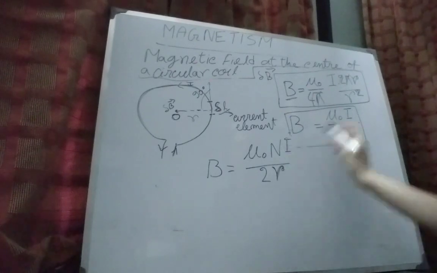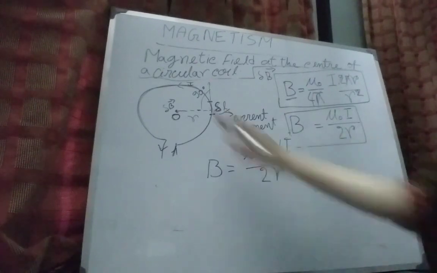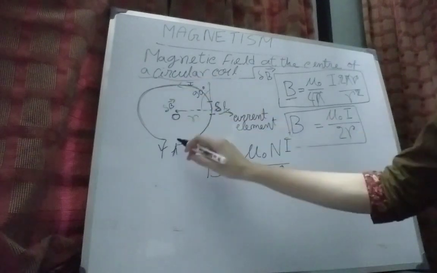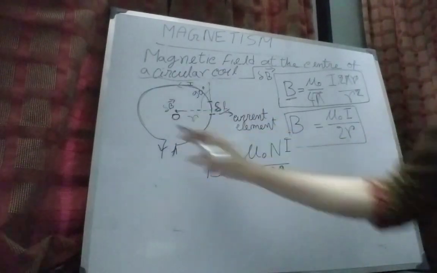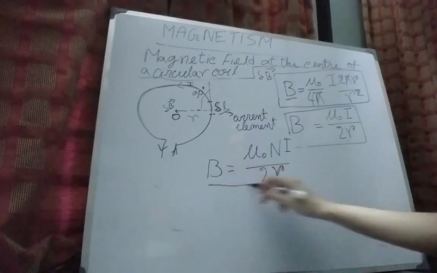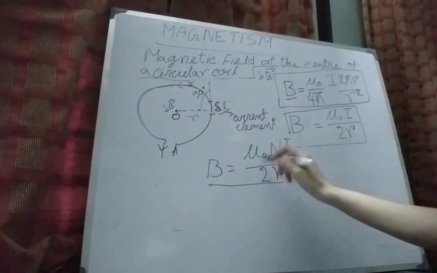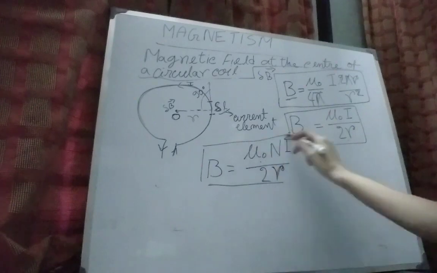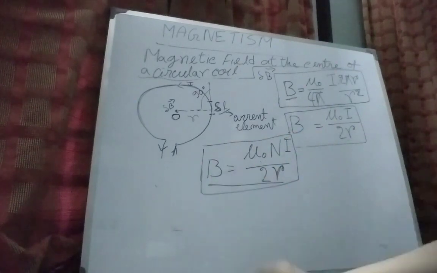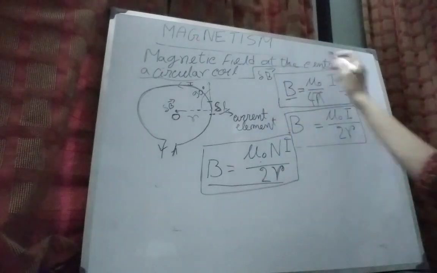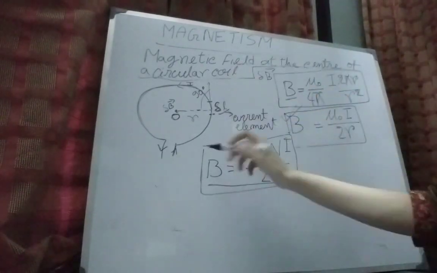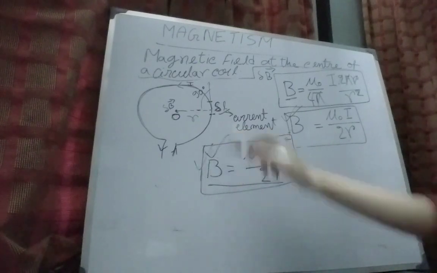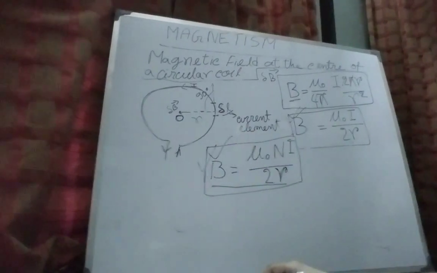If mu 0 I by 2 r magnetic field is produced due to one circular coil, then if there are n turns, the magnetic field at the center of that coil will be mu 0 n I by 2 r. So this is the magnetic field at the center of a circular coil when there is one turn, and if there are n turns, this will be mu 0 n I by 2 r.